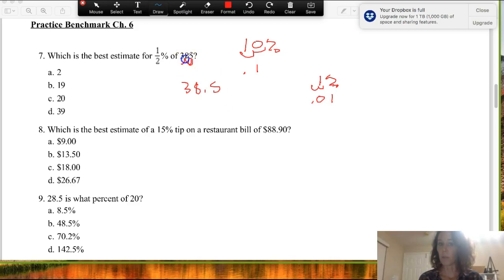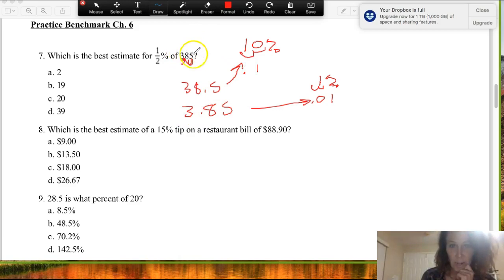So 1, 2, and land right there. So 3.85 would be 1%. 38.5 would be 10%. So 3.85 is 1% of 385.